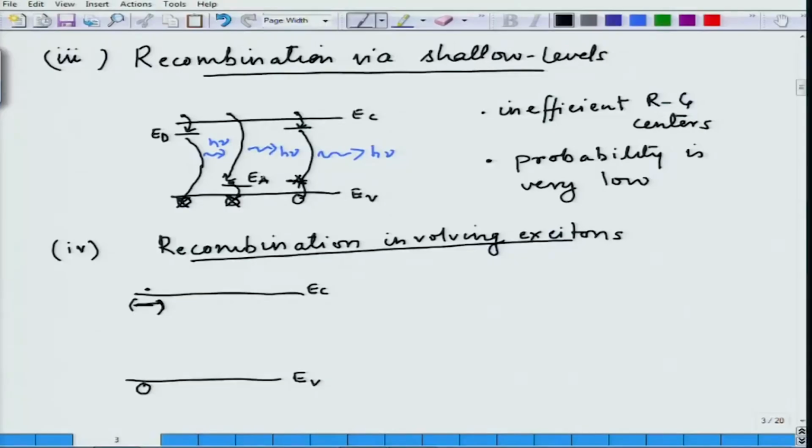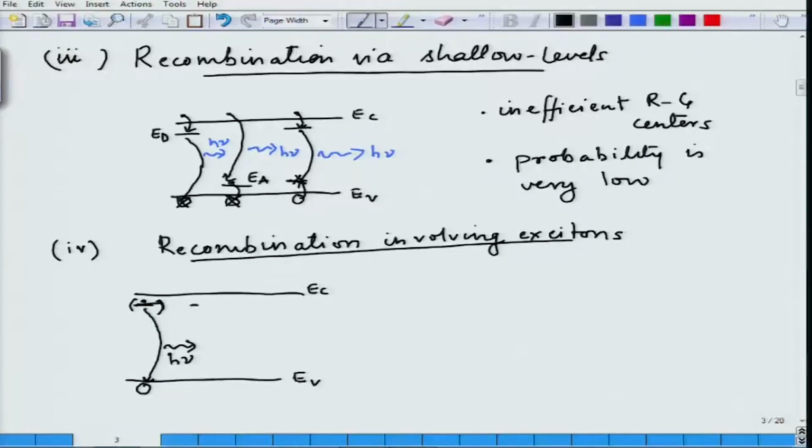Remember, all the levels which were there due to impurities were shown as energy levels in the band gap. Now this electron which is bound to this hole can recombine and give emission. Once again, this emission is generally radiative in nature, and it can also participate through shallow levels.